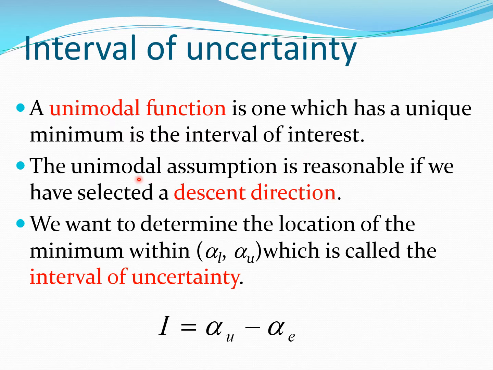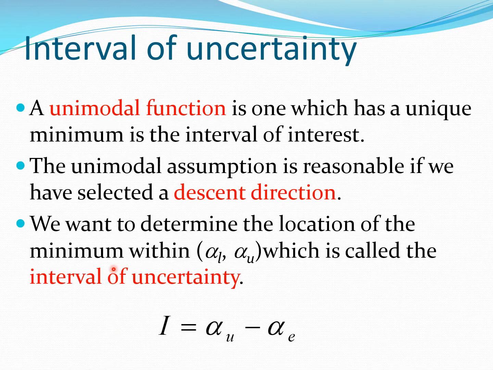The unimodal approximation is reasonable if we have selected a descent direction, because if we go down by a certain value in this direction, we should be reducing the function and hopefully reaching some kind of minimum point. One important thing we do in these one-dimensional search methods is that we bracket the minimum point.